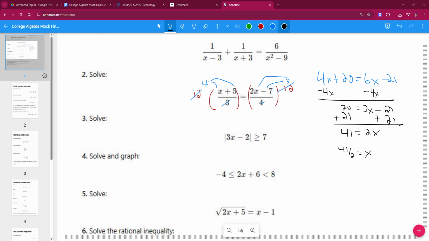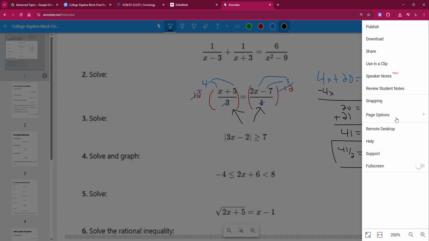And I'm going to check my answers a couple times as I do this if I get anything that looks a little bit weird, just to make sure that I've set it up right. So give me 2 seconds. Yep, that's correct. So 41 over 2 is my answer. And this time, do I need to plug in? No, I don't have an x in my denominator. So 41 over 2 works.